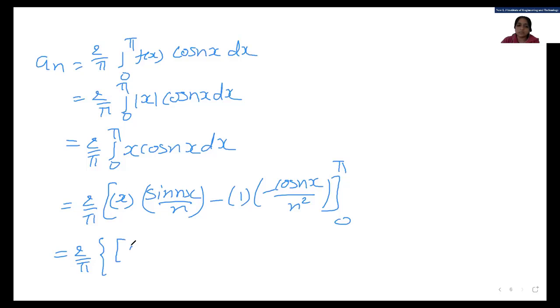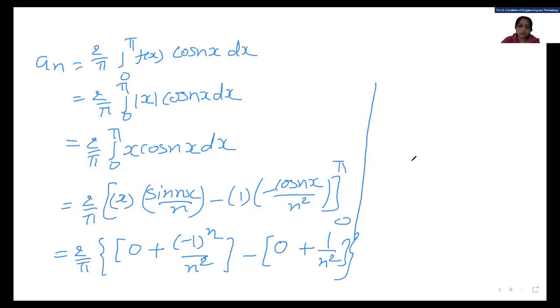So our first term is 0. Minus minus plus cos n pi is minus 1 raised to n upon n square. So this is the value of the upper limit. Now for the lower limit, it is 0 into sin 0, that is 0, plus cos 0 is 1, so 1 upon n square. This is for the lower limit.